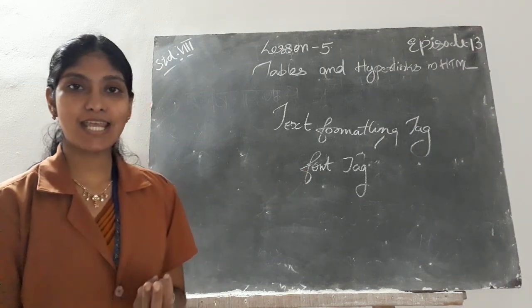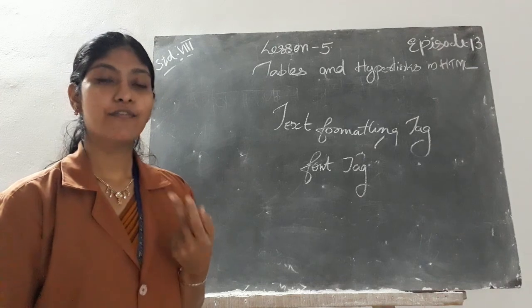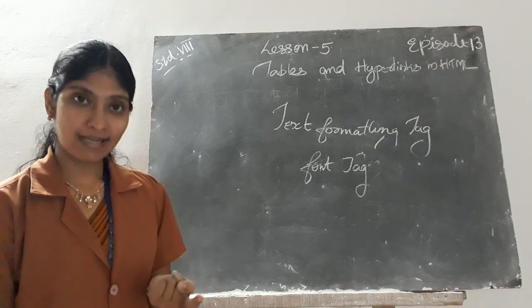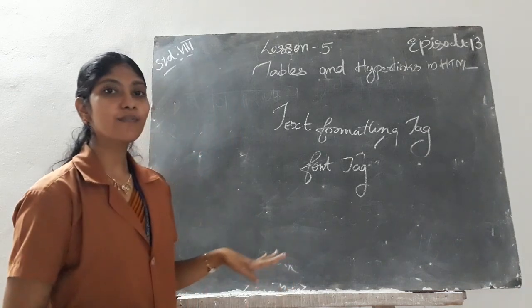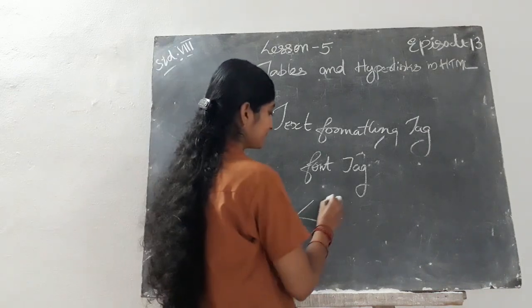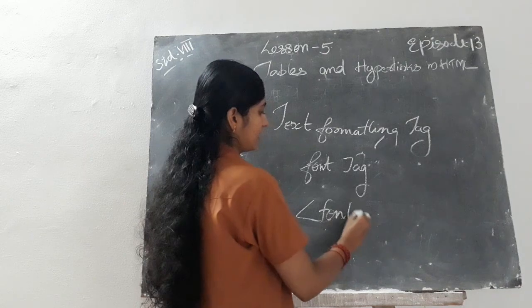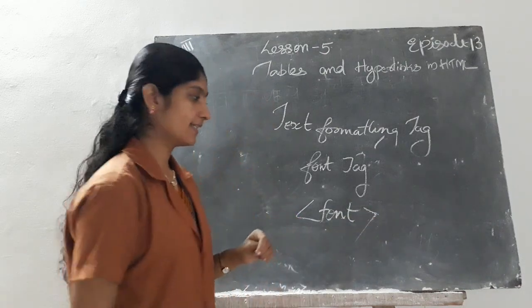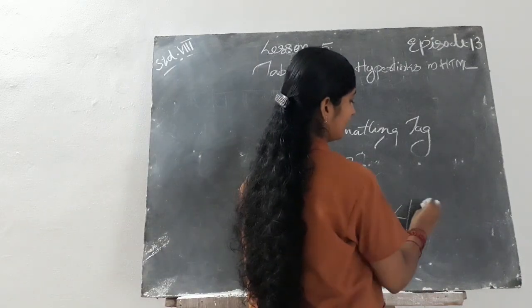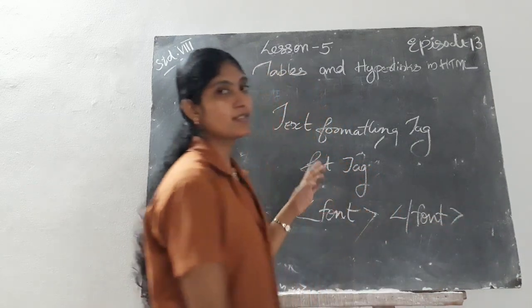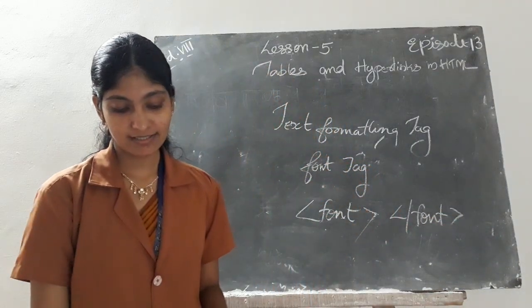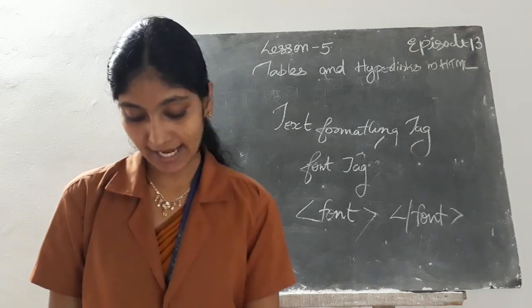That means we can change the font type, font size, font color, etc. So that is font tag. The syntax of font tag is the opening of the font tag, then the closing of the font tag. Right? So these are the main important text formatting tags.